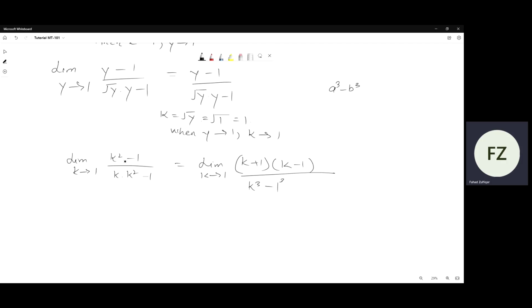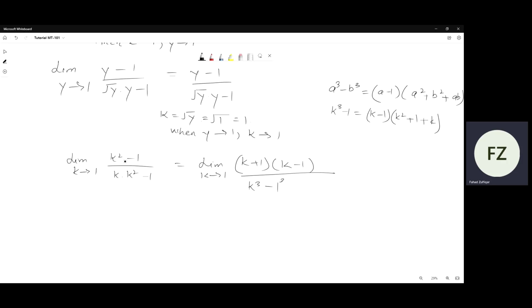So a cube minus b cube is equal to a minus b into a square plus b square plus ab. So in this case, it's k cube minus 1. So this becomes k minus 1 into k square plus 1 plus k.